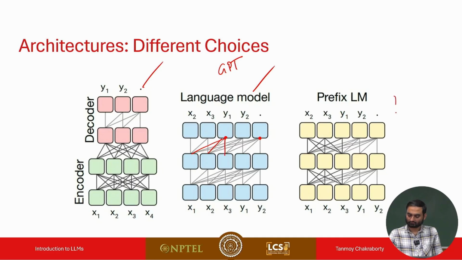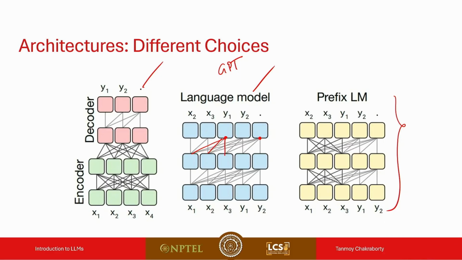And this is a new model. It's called prefix language model. In prefix language model, your input is this. One part of your attention is unmasked, the other part of your attention is masked.